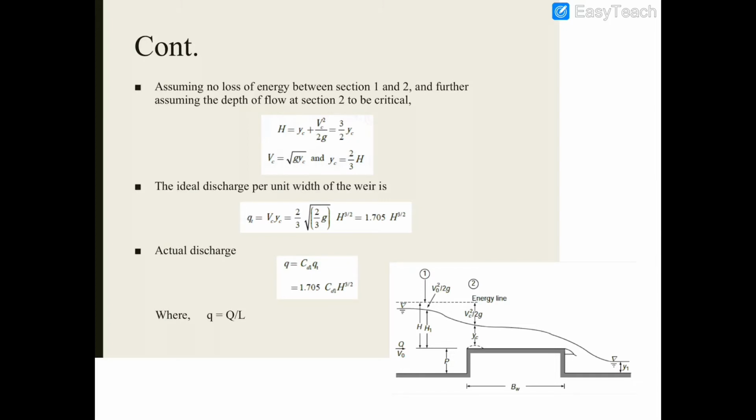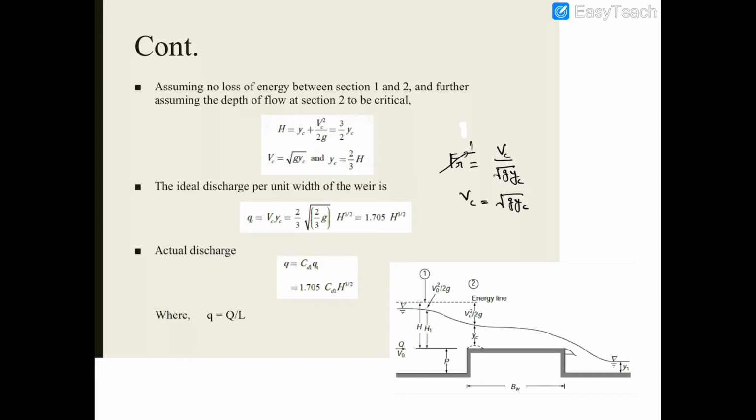Moreover, the Froude number for a rectangular channel is V divided by root over gy, and for the critical flow condition this V will be Vc and y will be Yc, and the Froude number in this case is 1, hence Vc is equal to root over g Yc, and also Yc will be equal to 2 by 3 H, from this equation.